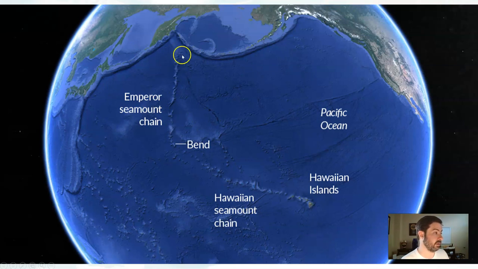Because this is the newest volcanic feature, the oldest one is way over here. So initially, this part of the Pacific Plate was over here, and it was moving straight north. Then all of a sudden, it started to shift and move a different direction, all due to plate tectonics. And we can track that movement in these now underwater seamounts.